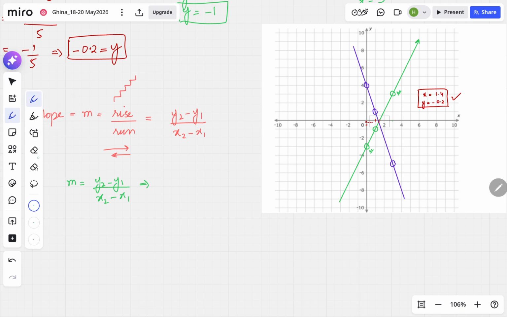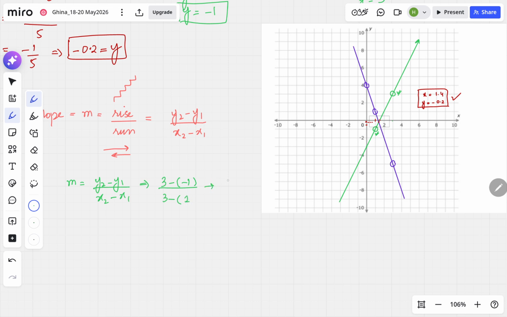So we have to take some other point for it. Let's take this one. So y2 is 3 minus y1, which is minus 1, divided by x2, for this point x2 is 3, minus x1, which is 1.